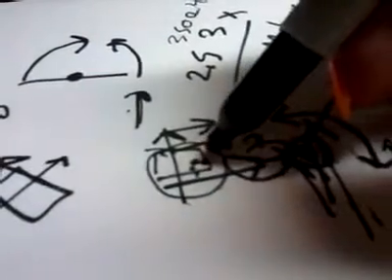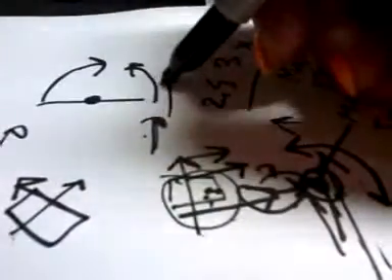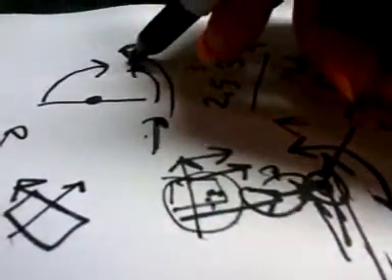So when the two cars collide, if the Metro does not have enough inertia, enough energy to overcome the anchor of this car, it's going to create a rotational vector in the direction of the anchor, which is going to be left.